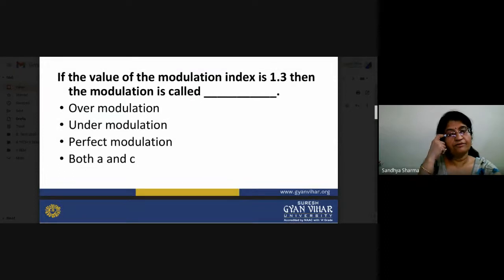If you are given the value of the modulation index, you can see what type of modulation is going on.